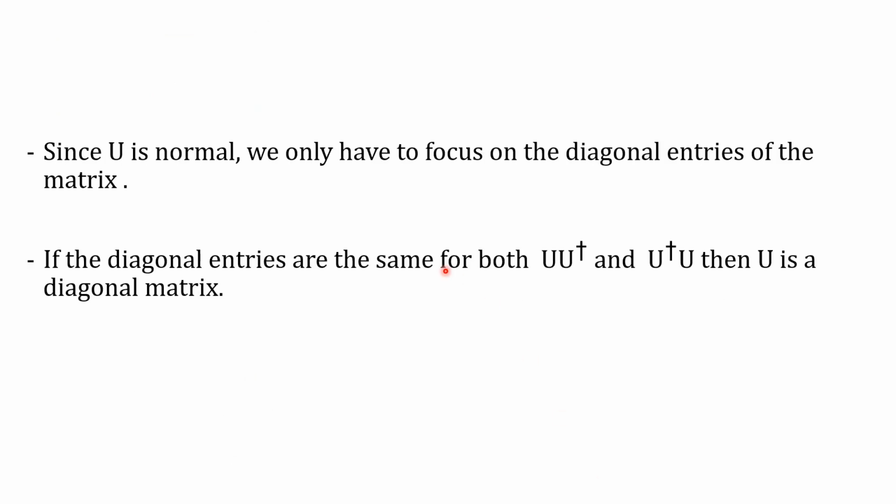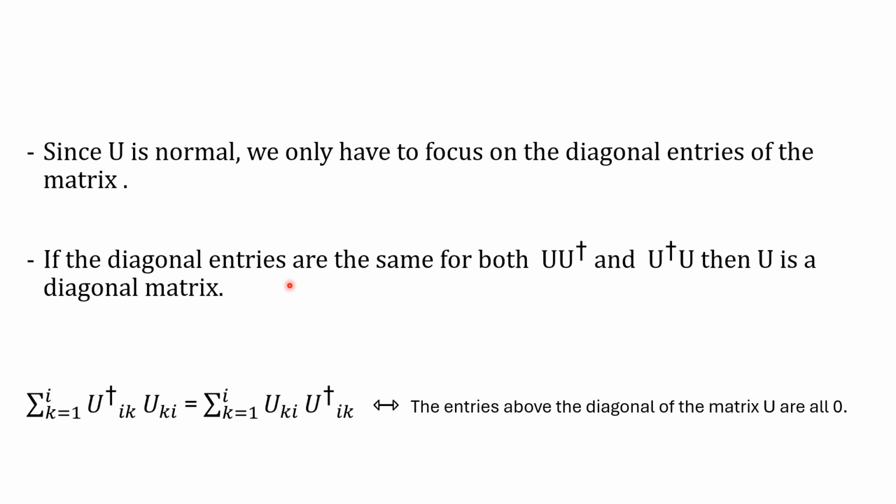And so basically, since U is normal, we only have to focus on the diagonal entries of matrix U. And if the products of both matrices in different orders have the same diagonal entries, then U is also diagonal. And so this can be represented by this property right here, right?